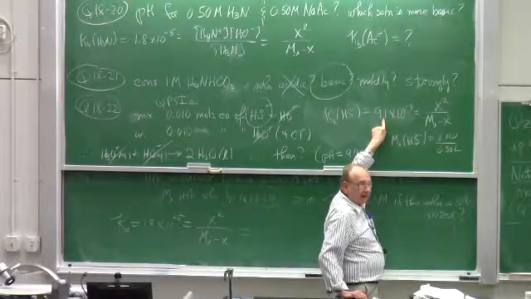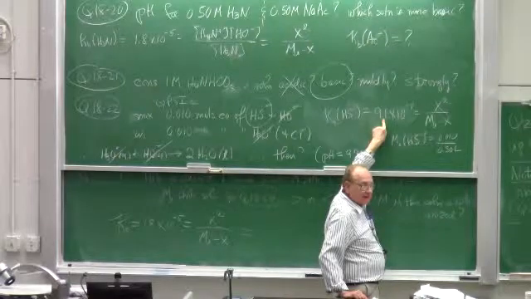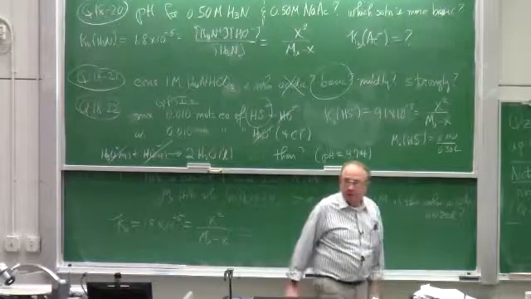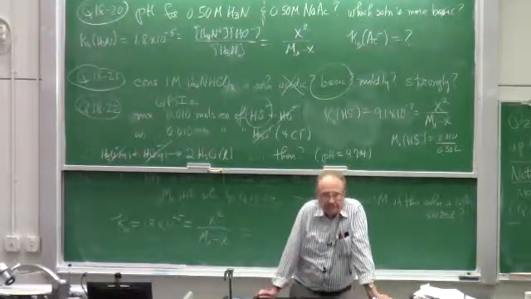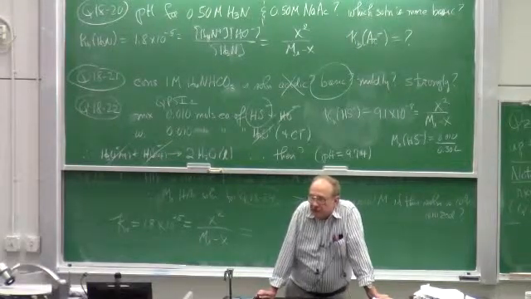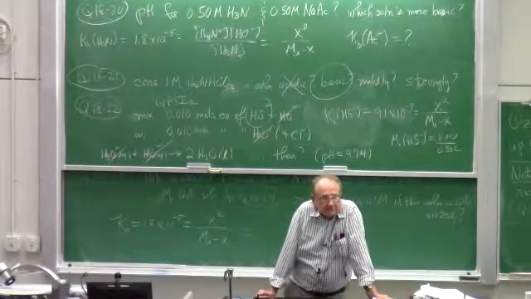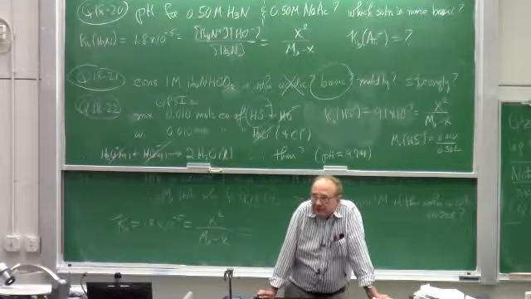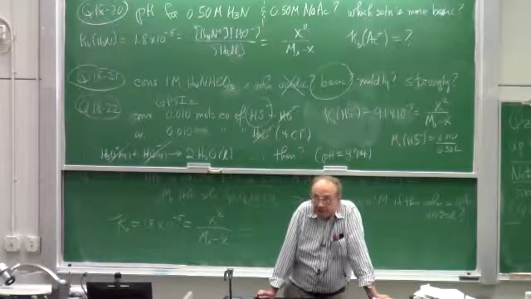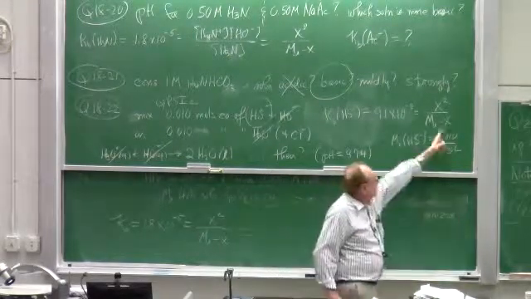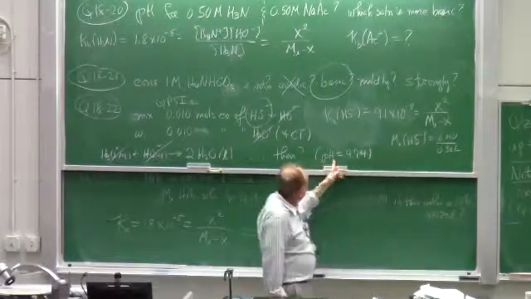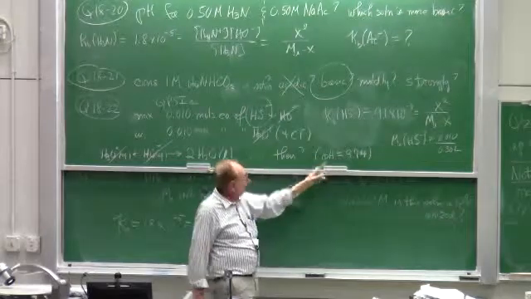Next comment, if you've not yet recognized this, when a K value is small relative to M sub I, as it is in this case, it's a good bet that M sub I minus X equals M sub I. And that applies to this case. If you can forget X in the denominator, put this in, take the square root, and get the hydroxide ion molarity, which corresponds to this pH.